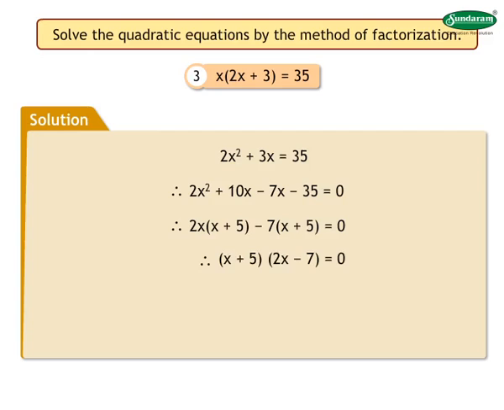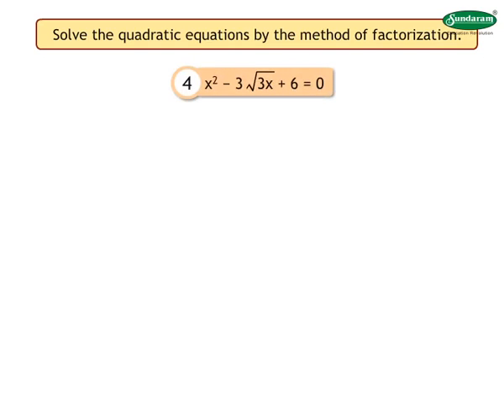Therefore, x plus 5 into 2x minus 7 is equal to 0. Therefore, x plus 5 is equal to 0 or 2x minus 7 is equal to 0. Therefore, x is equal to minus 5 or x is equal to 7 upon 2.